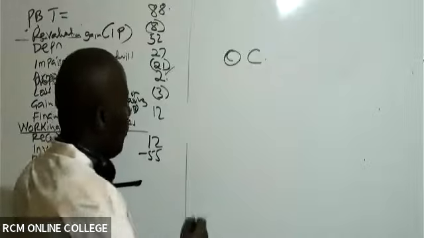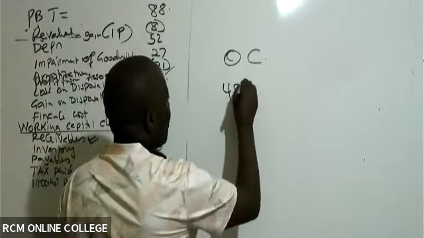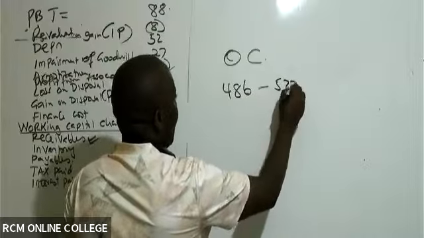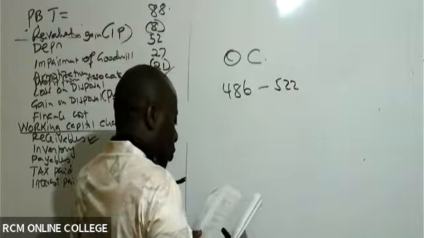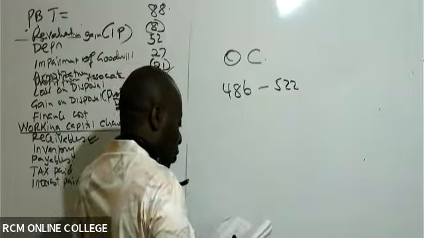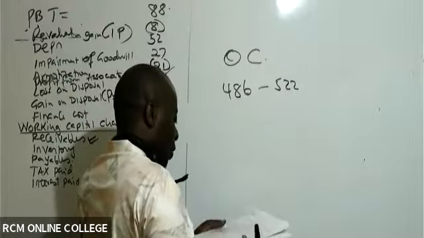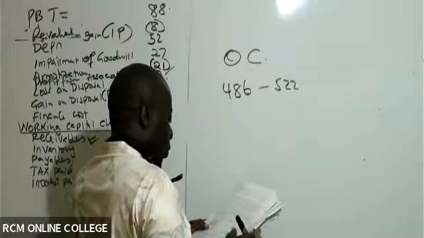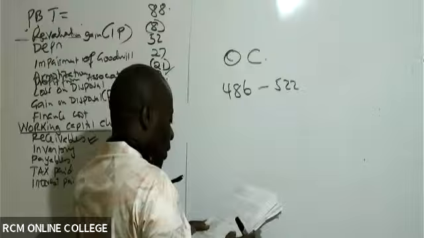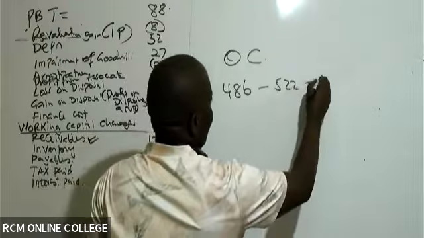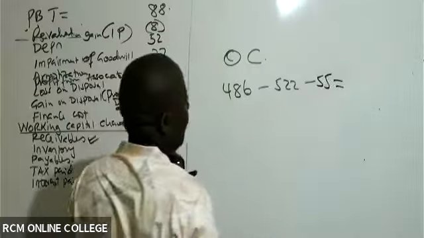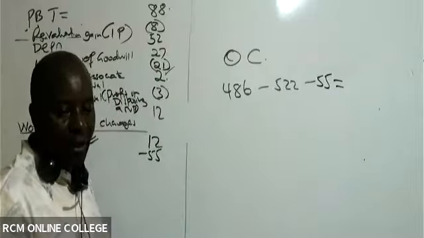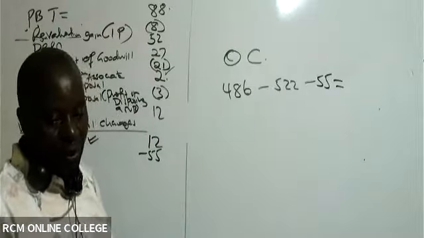So we have here 486 minus 522, minus this subsidiary that left with payables worth 55. And they're saying it's 524.